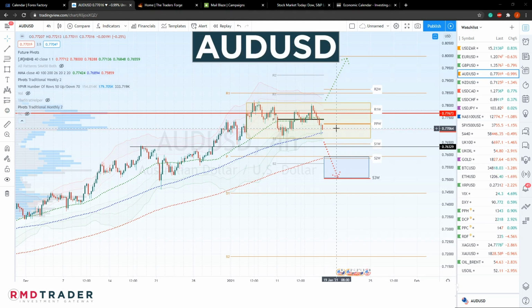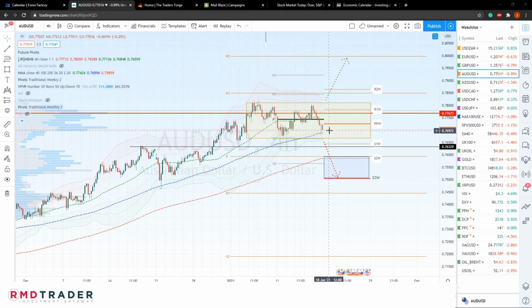And moving on to the Australian dollar USD. Generally, the bullish trend remains intact, with this 4-hour 100 SMA still acting as support. The consolidation range has also now expanded, and that would mean a break above this upper boundary at 0.781 could see the monthly R2 pivot being targeted, and that would be near 0.800.